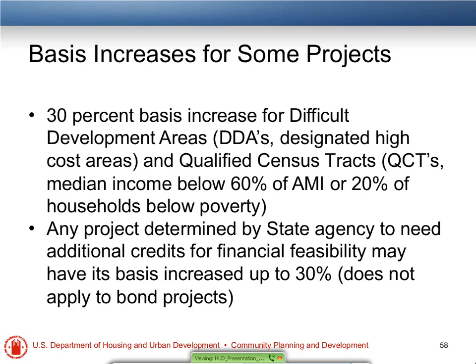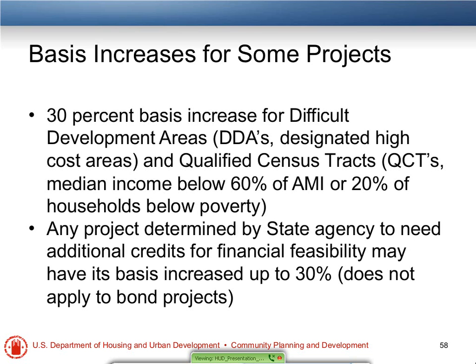For some projects, they may be eligible for what's called a basis boost, and those are projects that are located in difficult-to-develop areas or high-cost counties, or perhaps a qualified census tract, a census tract where you have lower median incomes, or you have a higher percentage of households that are below the poverty rate.